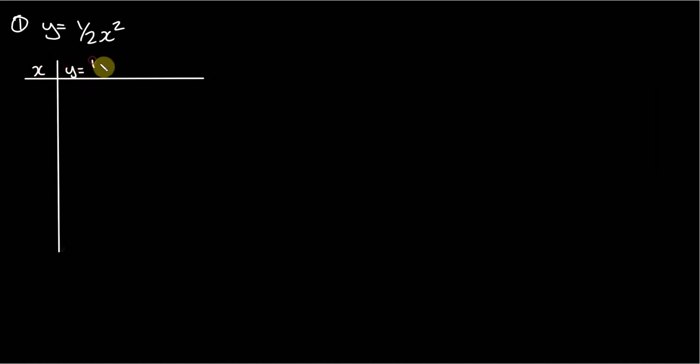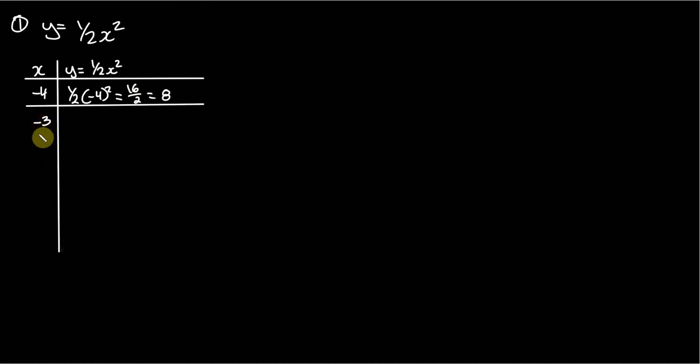We have here y equals 1/2 x squared, and we are asked to take the values of x from -4 to +4. So we'll start at -4, and so now I'm just going to plug in the x values into this equation to get the corresponding y value. So this would be 1/2 times -4 squared. -4 squared is 16. 16 times 1/2 is 16 over 2, which is going to equal 8.